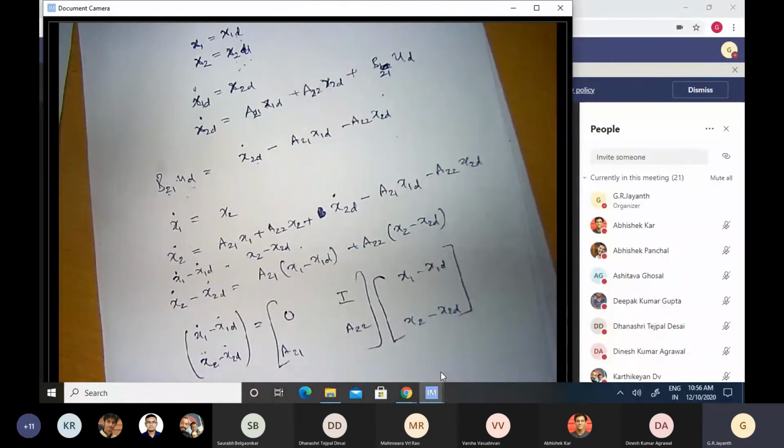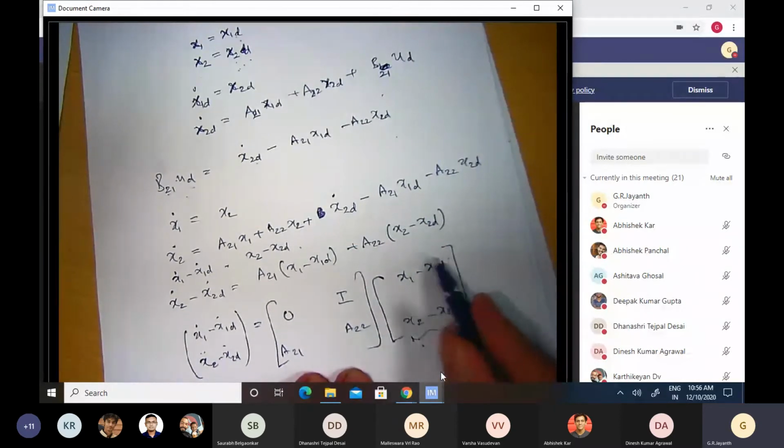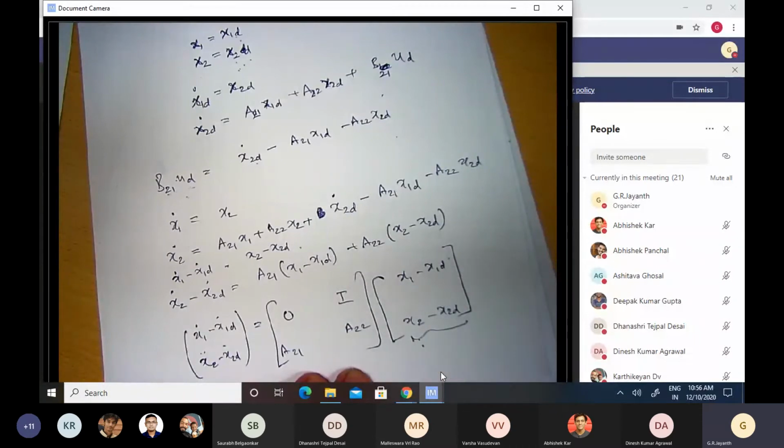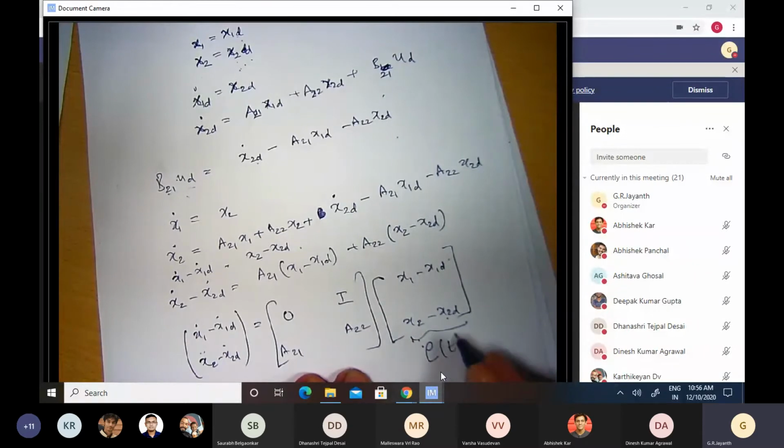Okay. Now what is this here? Do you agree with me that this vector x1 minus x1d as one set of columns and x2 minus x2d as another column beneath that is nothing but the error in tracking my desired x1 and x2 as functions of time? Do you agree with me that this is just the error E of t?